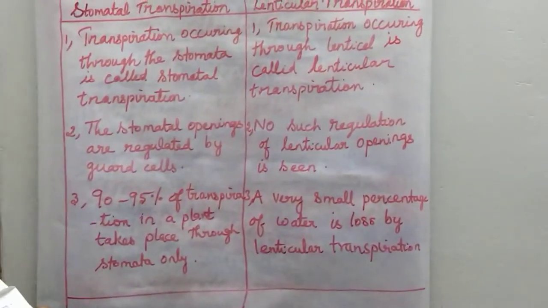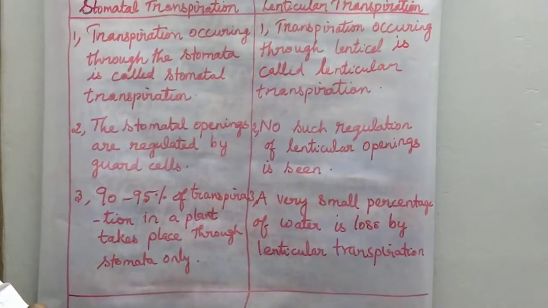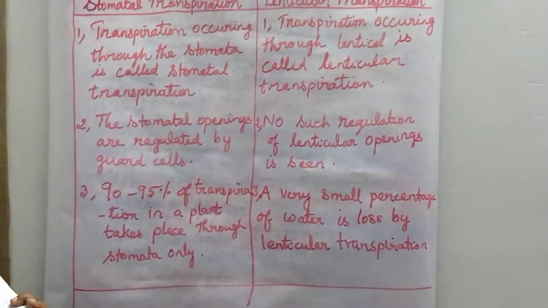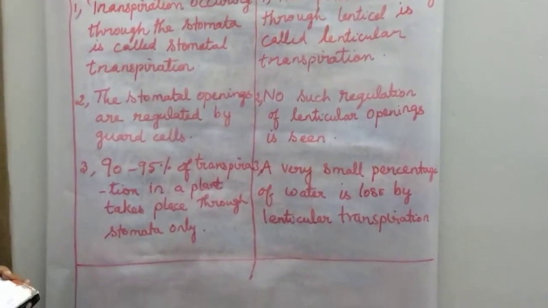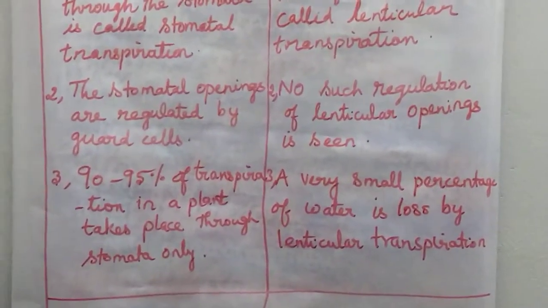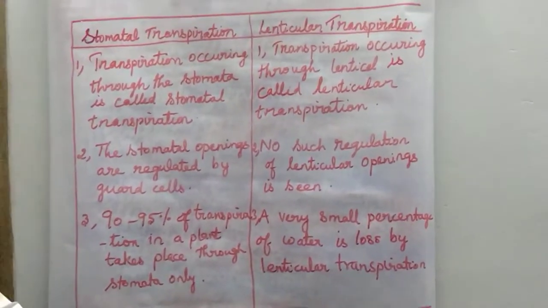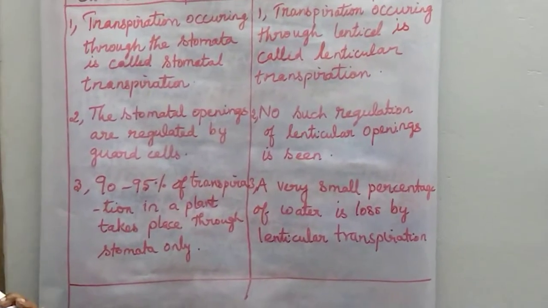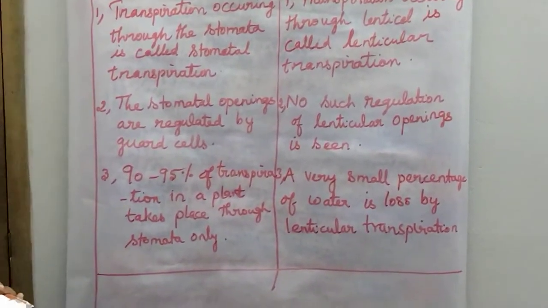Under lenticular transpiration, the first point is transpiration occurring through lenticel is called lenticular transpiration. The second point under stomatal transpiration is the stomatal openings are regulated by guard cells. Second point under lenticular transpiration, no such regulation of lenticular opening is seen.